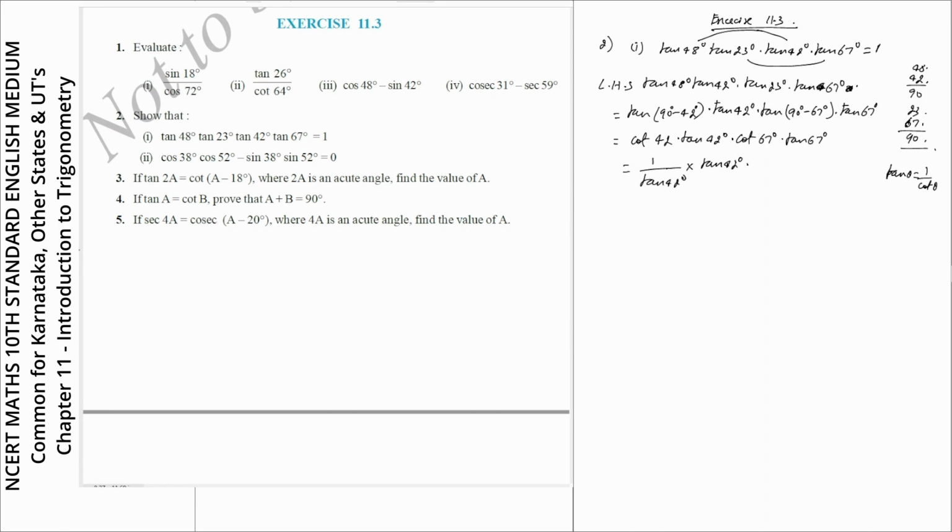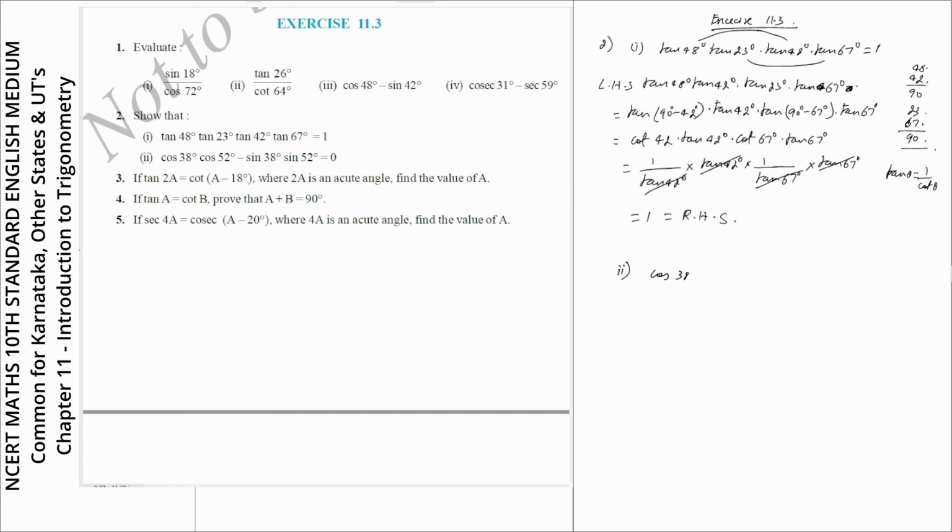Here also cot 67 degree I can write as 1 by tan 67 degree, and tan 67 degree I'll write as it is. Now these two will get cancelled, these two will get cancelled. I'll get 1, which is equal to the right hand side. So I have proved left hand side is equal to right hand side.